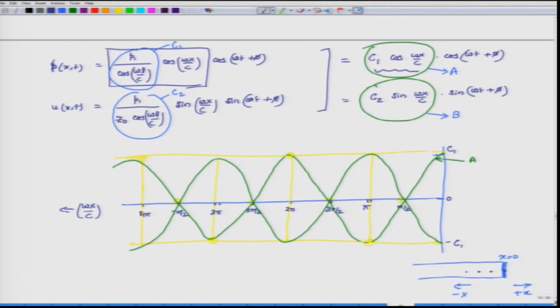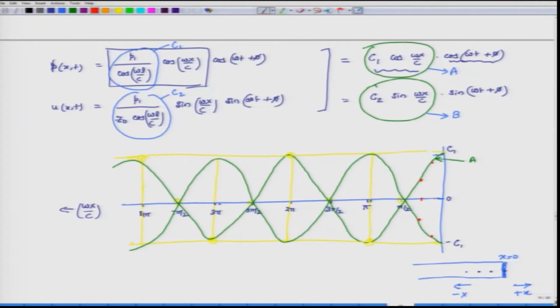Now, of course, this is also multiplied by cosine omega t. So, at a given point the pressure fluctuates. So, for instance, if we are looking at this location of x, then the pressure fluctuates between these two limits, okay. Corresponding to this value of x, the pressure fluctuates between this limit and this limit. At some other location, the pressure fluctuates between some other limits, okay.